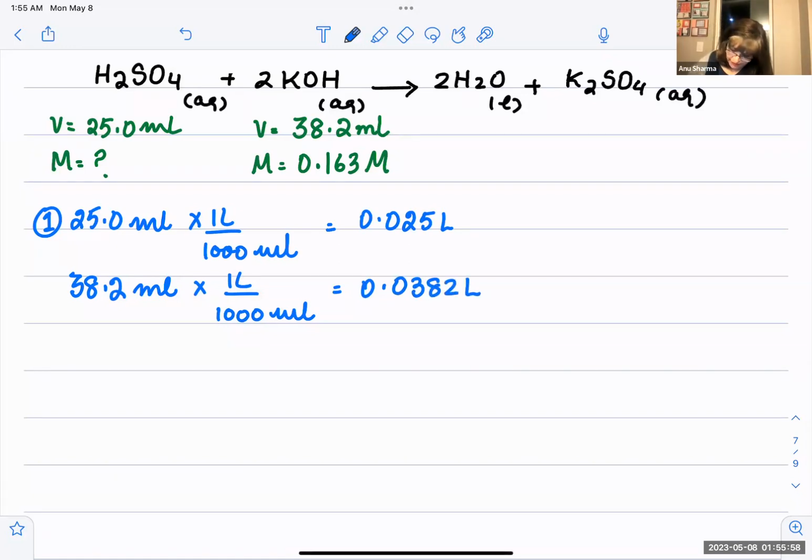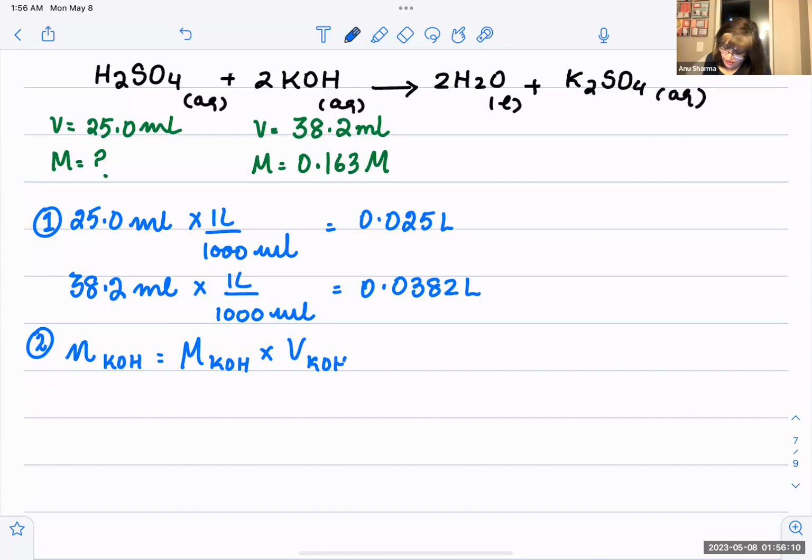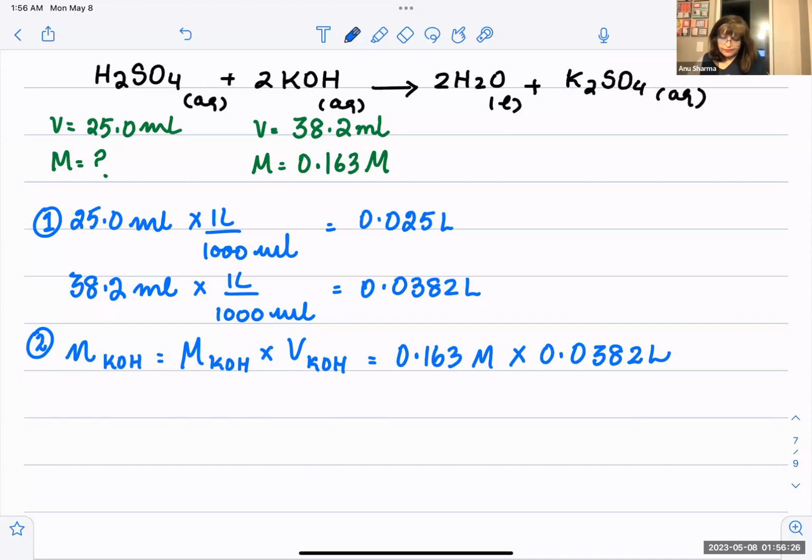Okay, so that's one piece. Next, the moles of KOH is equal to the molarity of KOH times the volume of KOH. So here the molarity is 0.163 M, the volume is 0.0382 liters.